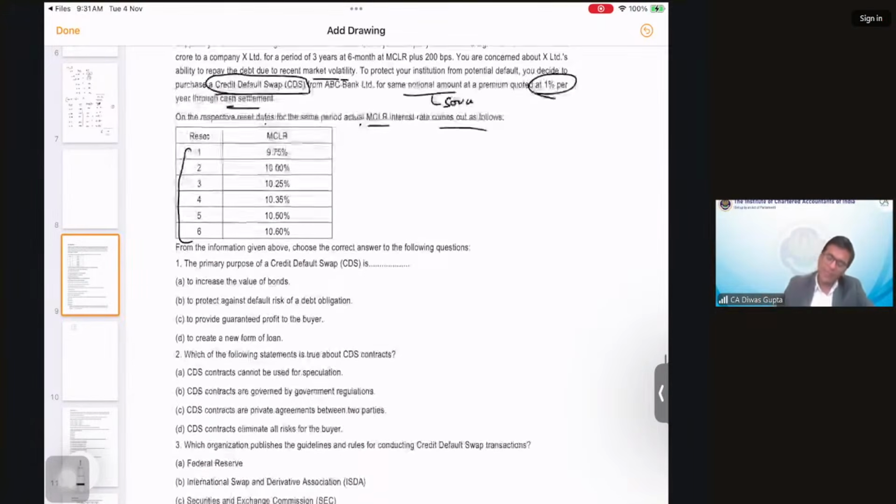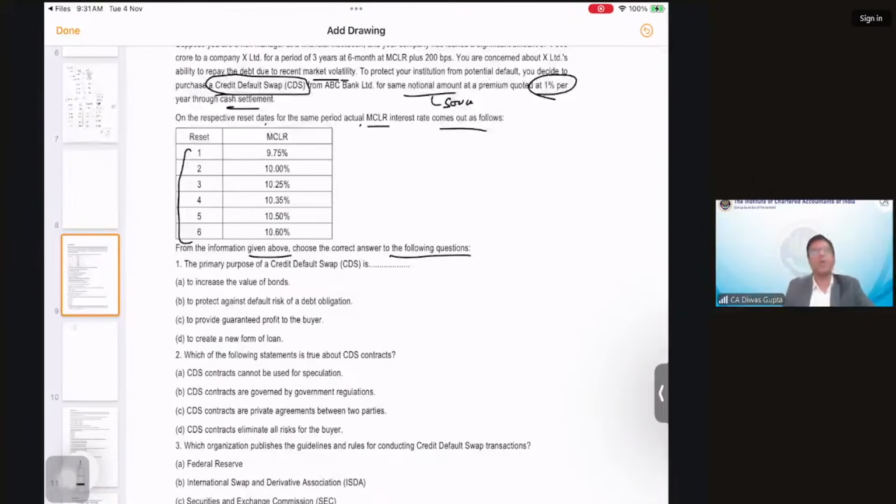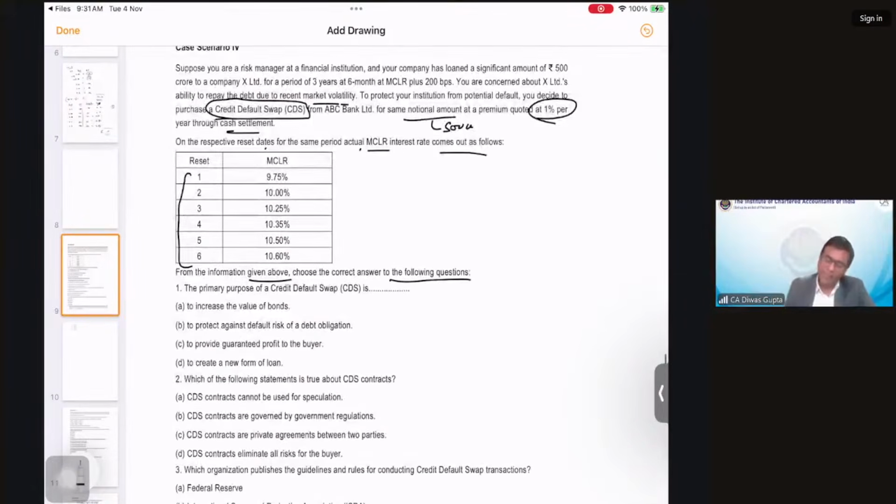From the information given above, choose the correct answer to the following questions. The primary purpose of credit default swap is to increase the value of bonds. Is it something to do with bonds? The answer is no. To protect against the default risk of a debt obligation.